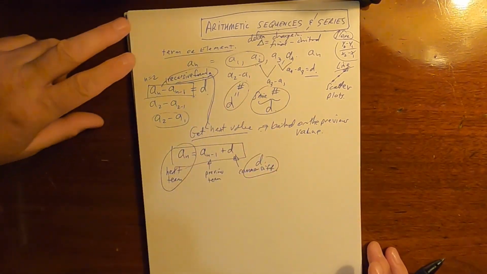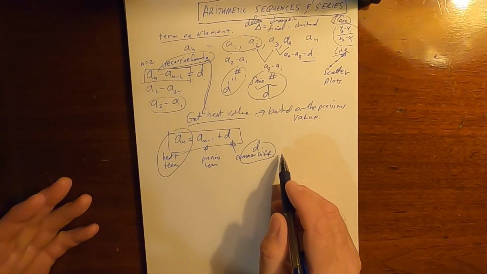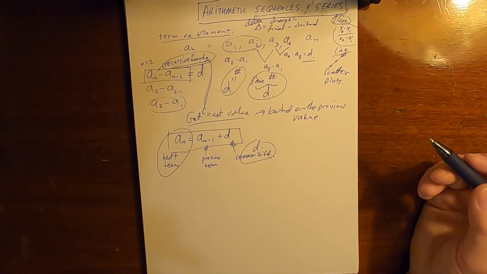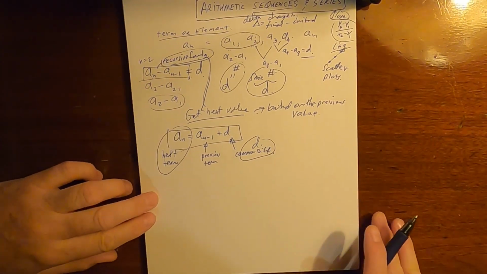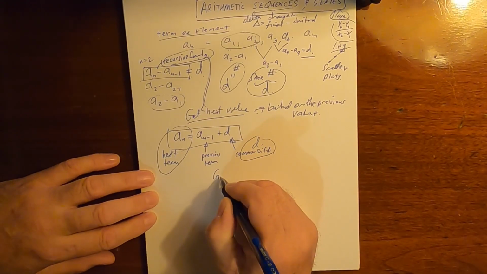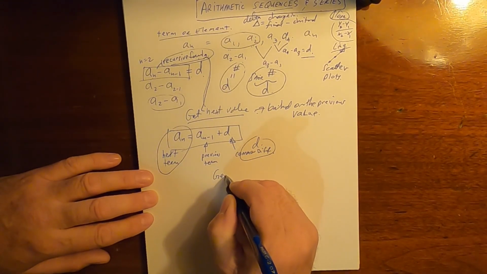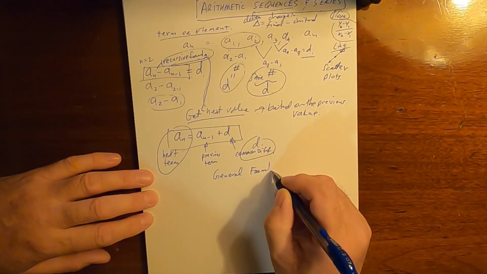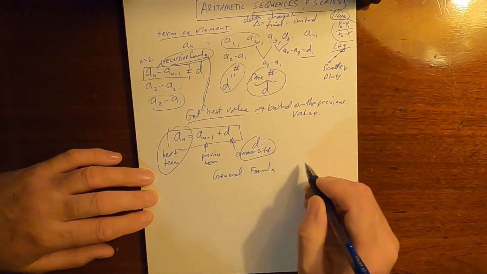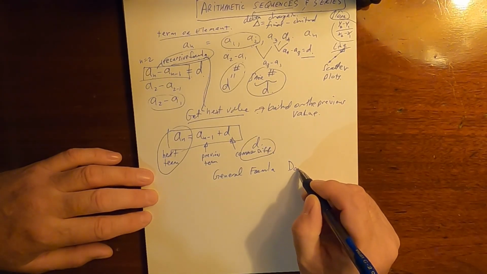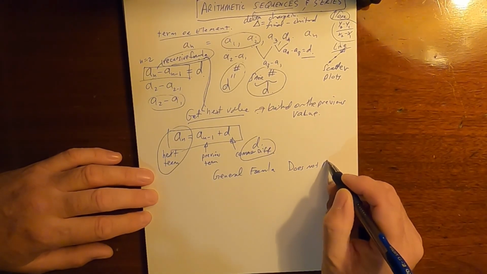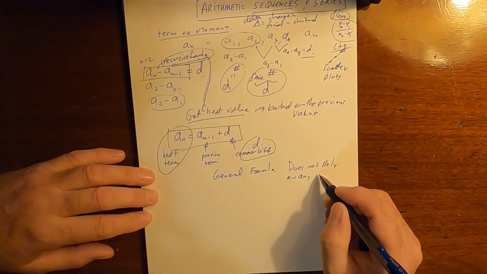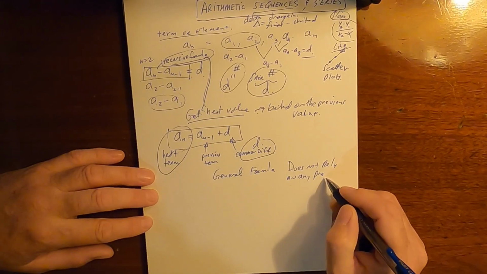Now, why would you say recursive formula? The other formula would be a general formula that I talked about previously. The general formula does not rely on any previous terms.